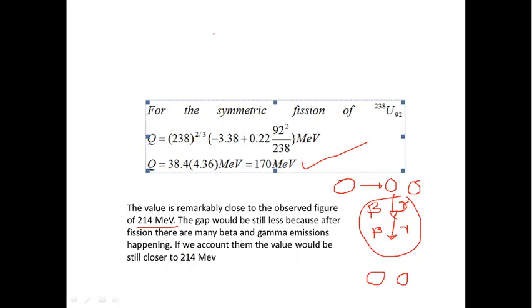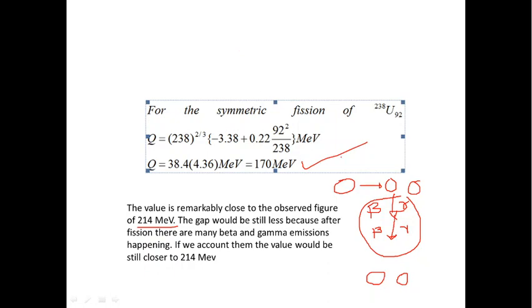The other thing is we have also done some approximations. We have removed the pairing energy term. We have considered a symmetric fission and some marginal approximations. If you remove these approximations, the figure would be still closer to 214. Our objective was not to get an exact, precise answer.